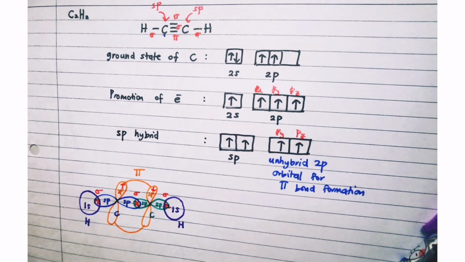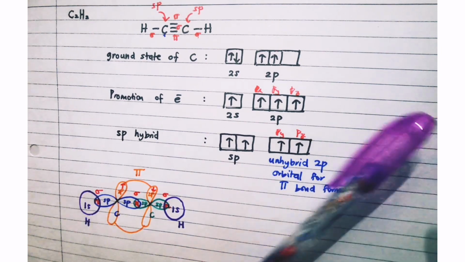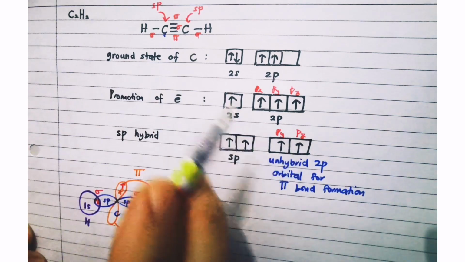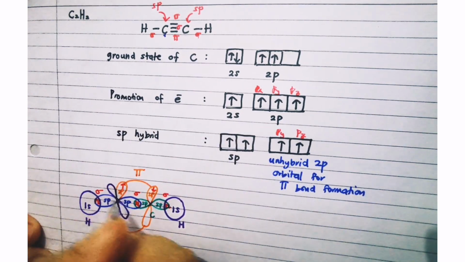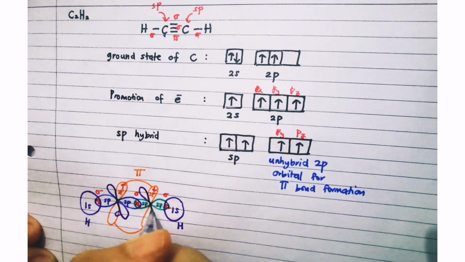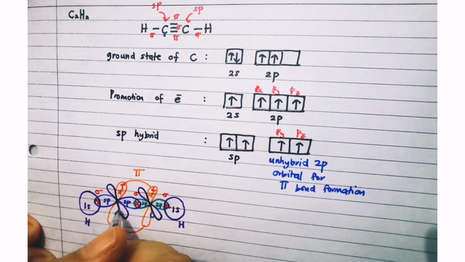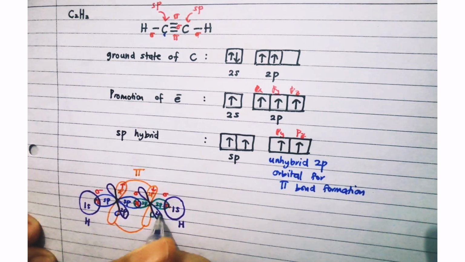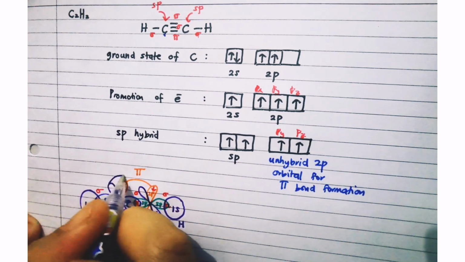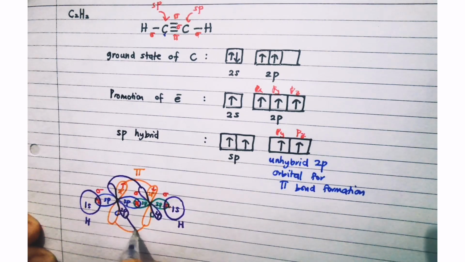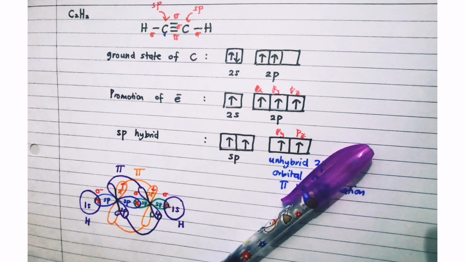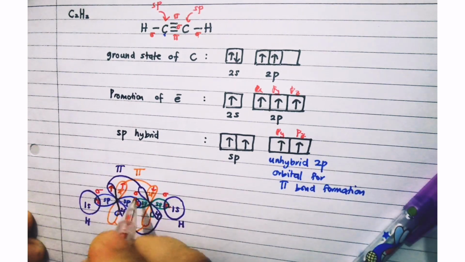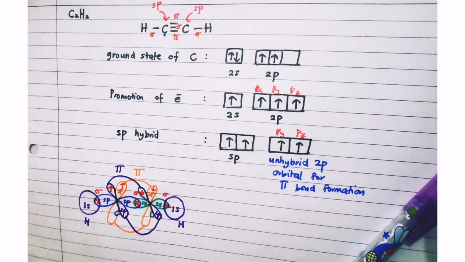For the second pi bond, I will use the 2pz, so it has a different orientation from the orange one. So this is 2p of carbon, and this is also 2p of carbon, overlapping side to side, forming a pi bond. So the electron is here.